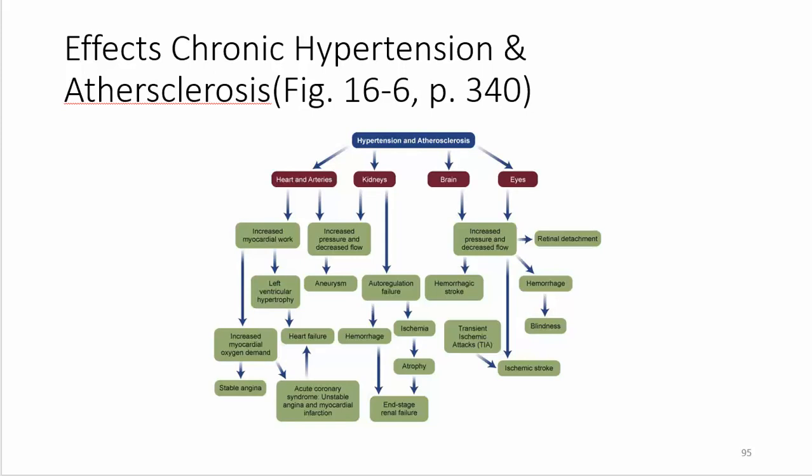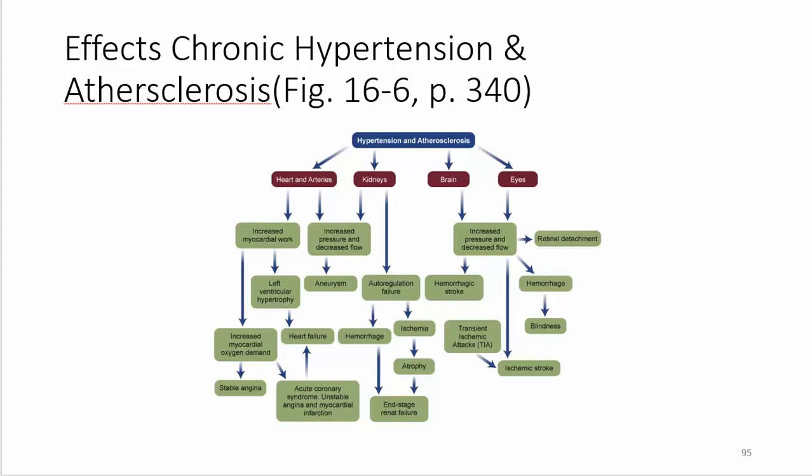It damages the kidneys. Kidneys regulate blood pressure, so damaged kidneys results in more hypertension, which then can go way up. Autoregulation failure leads to hemorrhage, end-stage renal failure, ischemia.